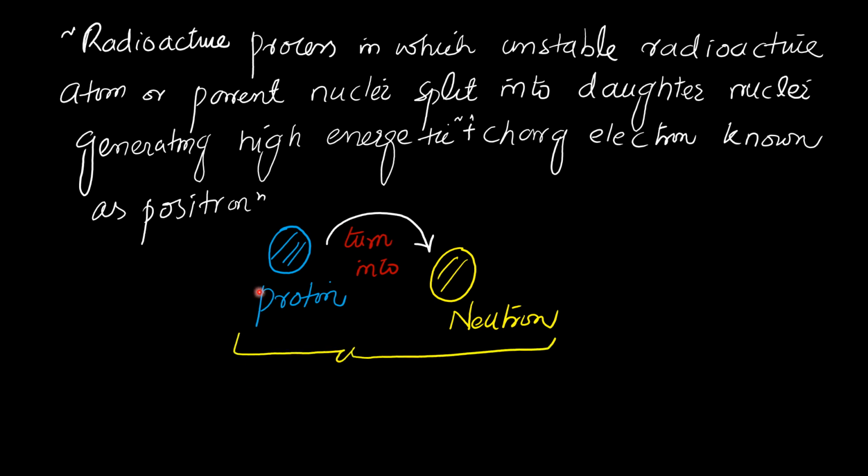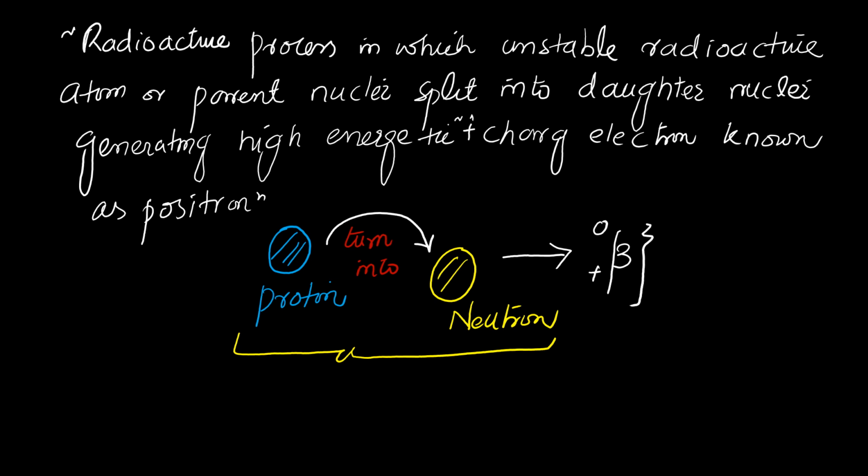So in simple words, positron decay is produced when a proton in a nucleus is converted into a neutron, and when the conversion takes place, a highly energetic positively charged particle known as positron is produced by a nucleus. Positron is represented by the Greek letter beta.